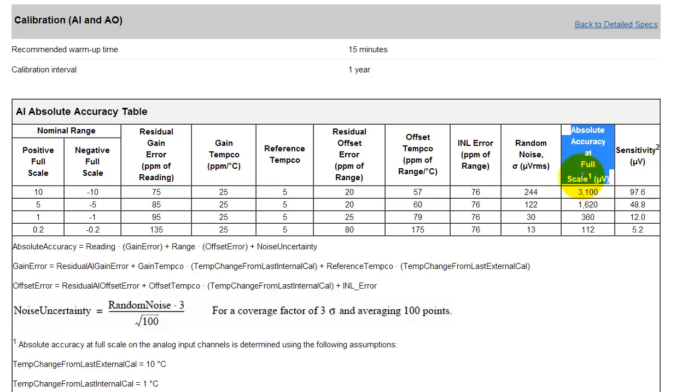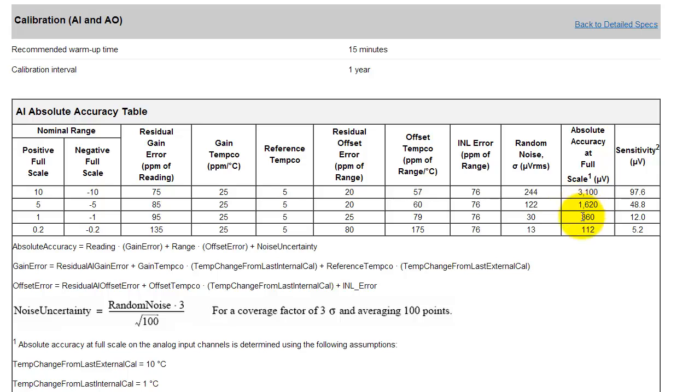So when you're using the PCI 6221 DAC card and you want to incorporate its accuracy into your uncertainty calculations, if you're using a plus or minus 10 volt channel, you're going to have plus or minus 3 millivolts for your accuracy. A plus or minus 5 volt channel is going to give you about 2 millivolts.